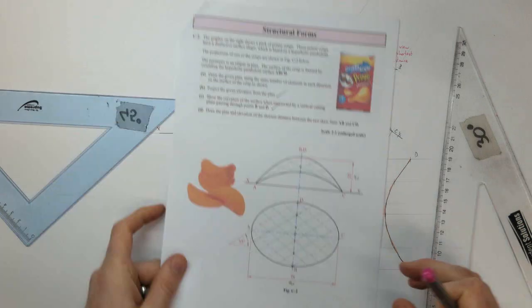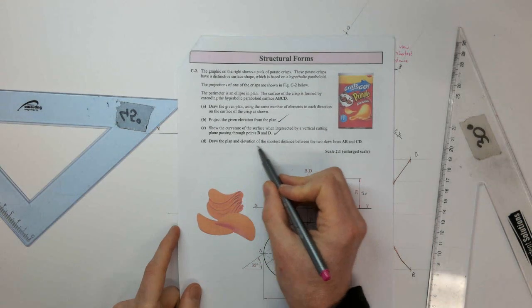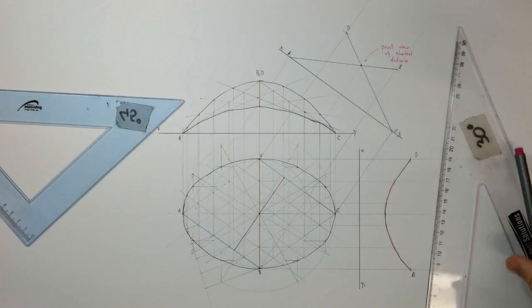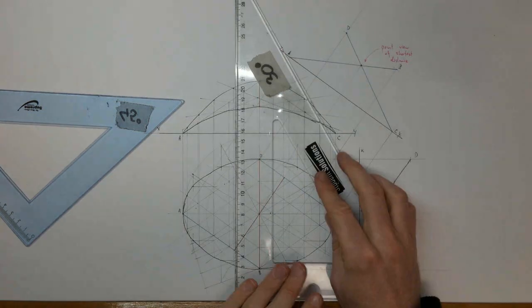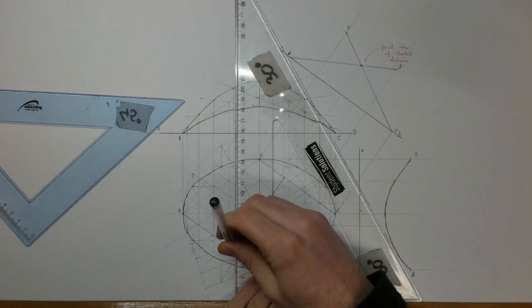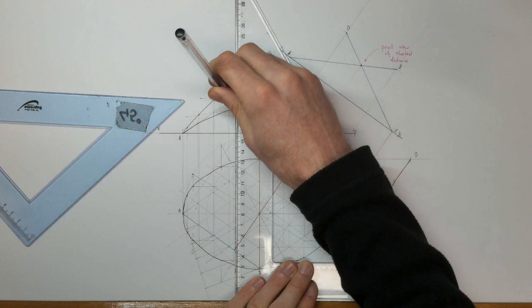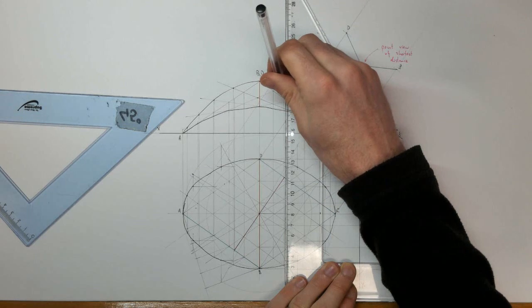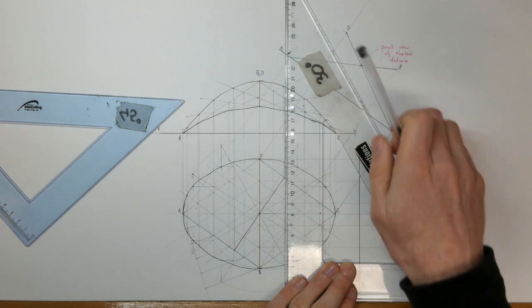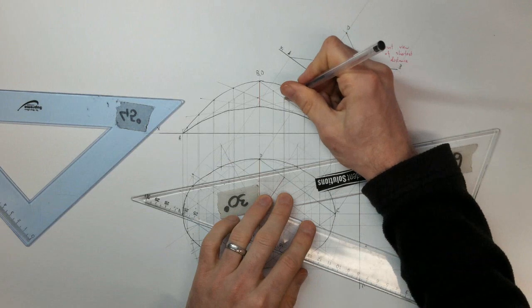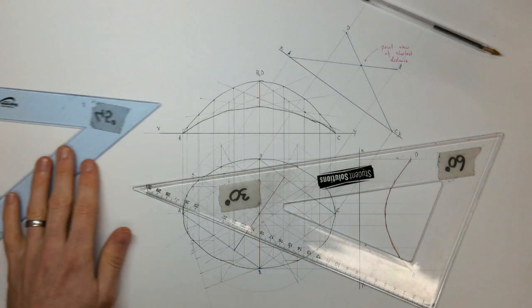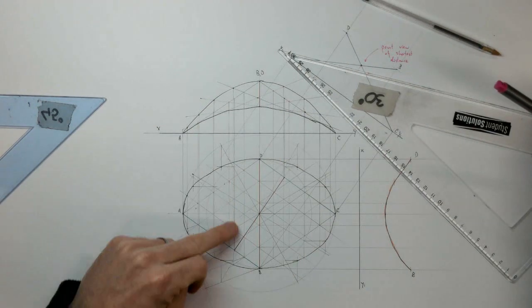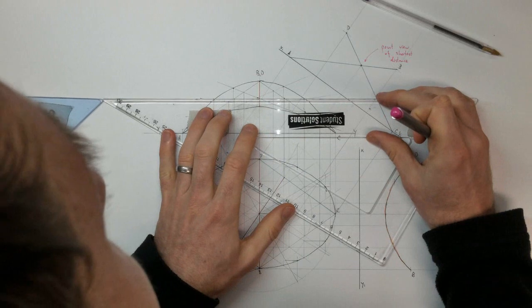And read the question: draw the plan and elevation of the shortest distance between skew lines. They're not asking me to measure it, but I do need to project it up to the elevation. So project that up onto AB, project it onto CD, there, there, that is the shortest distance.